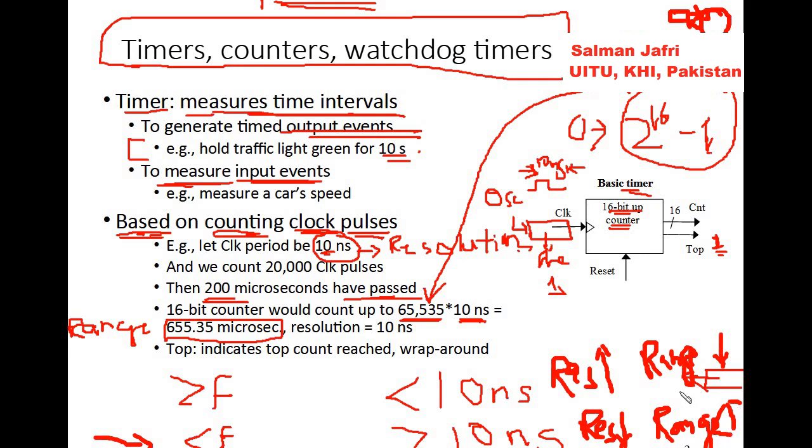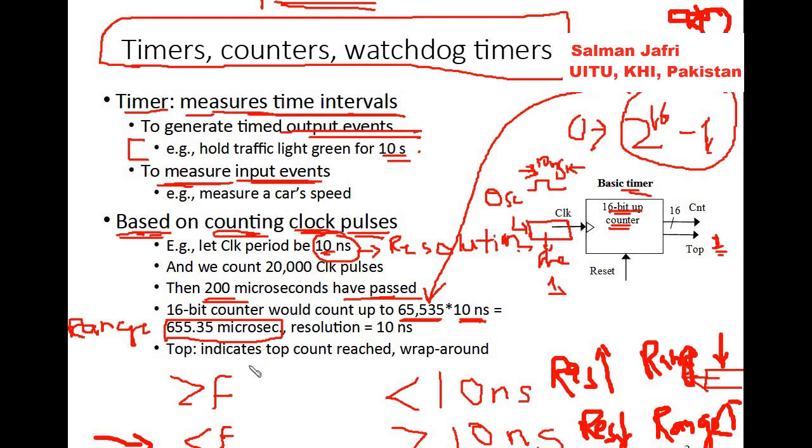So if we want to have a large range, we usually make the frequency less, or in other words, we divide the frequency, and the component that is used for dividing the frequency is called a prescaler. So the prescaler block is placed after the oscillator block, and the prescaler can divide the oscillator frequency, right?